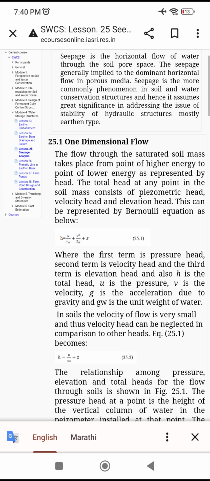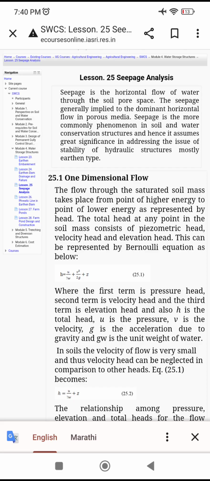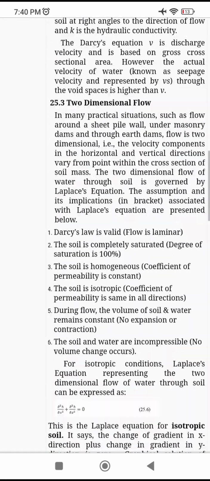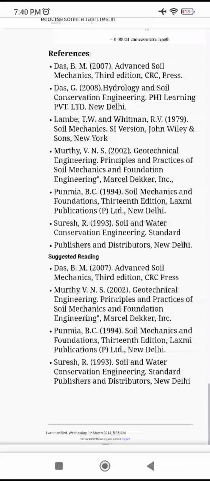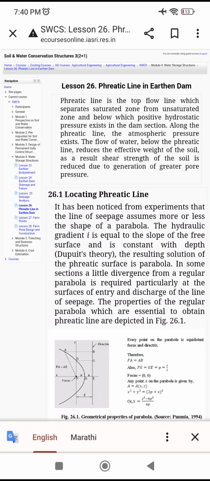Now seepage analysis. Seepage is the horizontal flow of water through the soil pore spacing. So most of the time students get confused between seepage and infiltration. So seepage is horizontal flow of water. Then this is a somewhat complicated topic, so it's better to ignore.